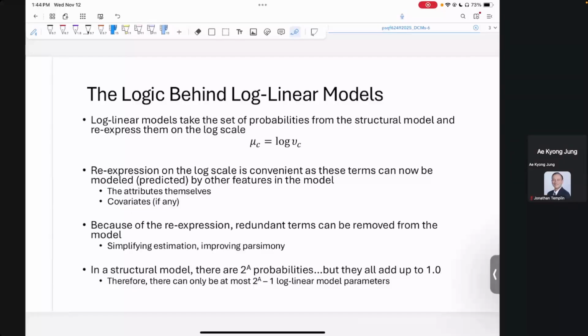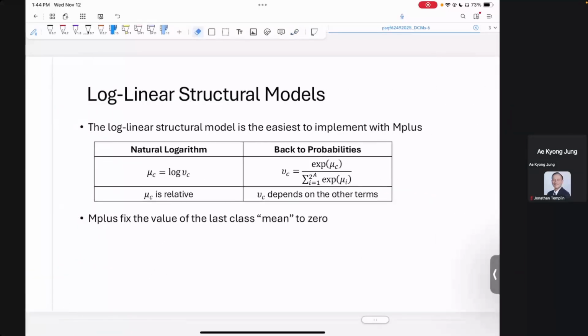By simplifying the estimation, we can reduce the number of parameters to estimate. The total number is 2 to the A minus 1, but we can reduce it using this log linear model. Because we take the log of the epsilon C's, we will go back using these equations. In the n plus, it fixes the value of the last class mean to 0, and we'll see how it works.